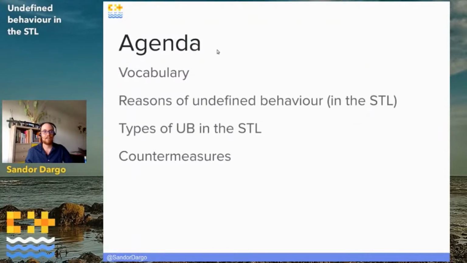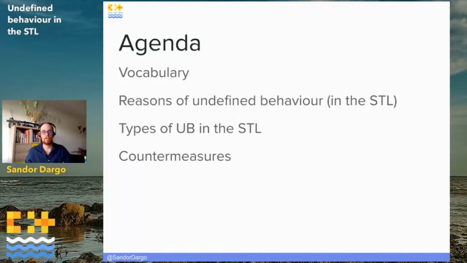Let's have a look at the agenda. So first, we are going to speak about the vocabulary, just to make sure that we mean the very same things by certain terms. And then we are going to see the different reasons of why undefined behavior exists, especially in the STL.